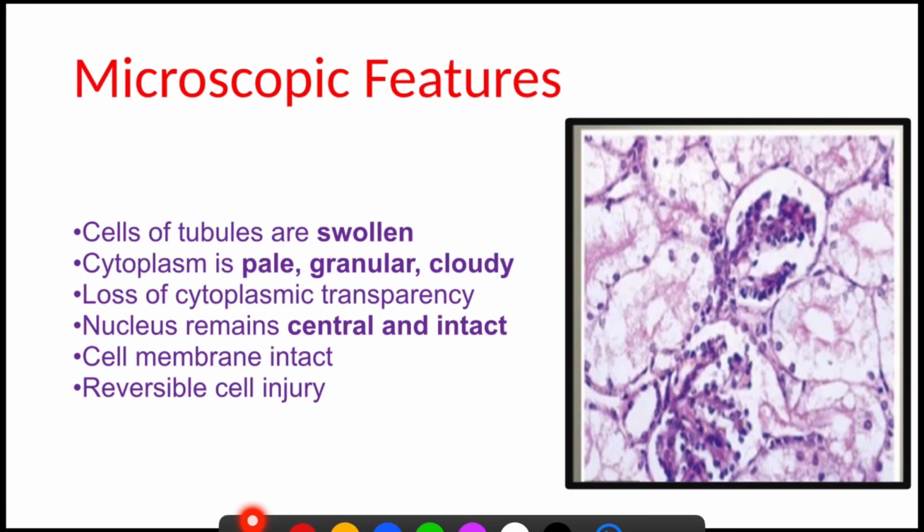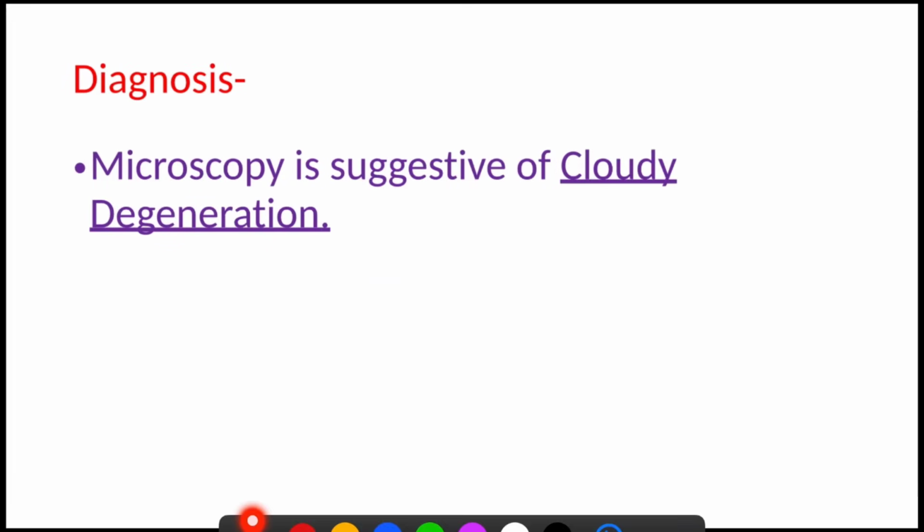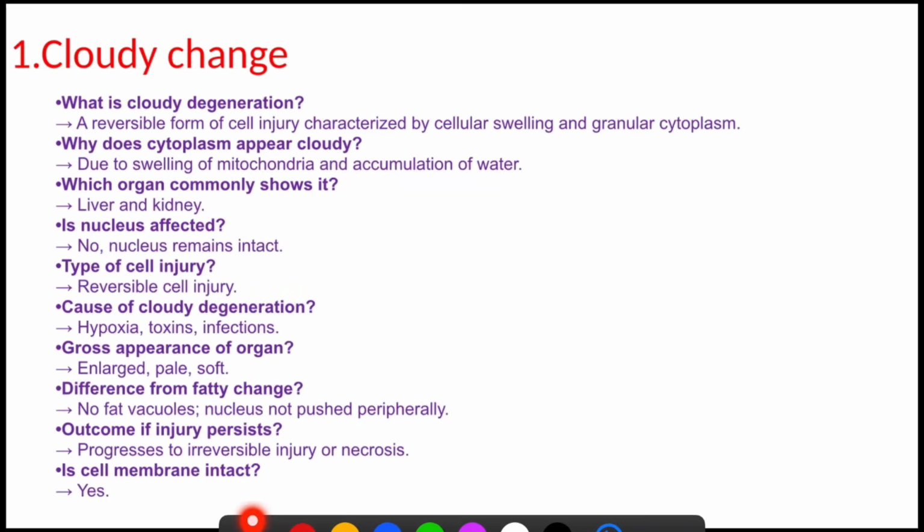This is suggestive of reversible cell injury, because in reversible cell injury nuclei are not affected, but in irreversible injury there is loss of nuclei. This is a type of reversible cell injury, and here the cytoplasmic membrane is also intact. This is the glomerulus, and these are the affected tubules with cloudy change. So your final diagnosis is that these microscopic features are suggestive of cloudy degeneration.